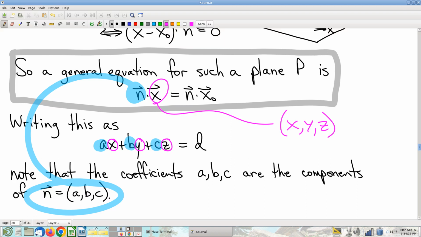And furthermore, both of the objects on the right-hand side here, the normal vector is given, the x naught is given, and so this is just a computation involving stuff that we already know. So that's just some value, d, that's effectively given.